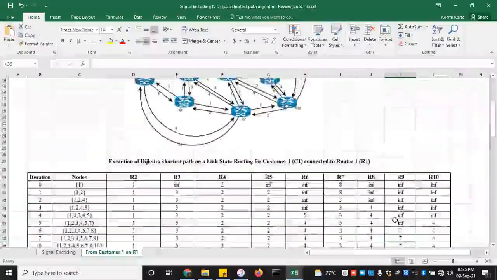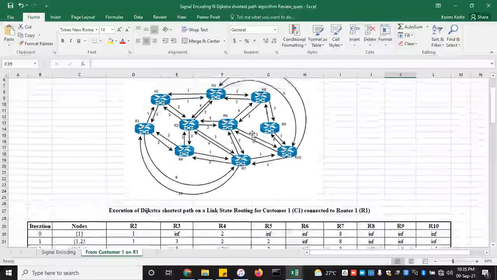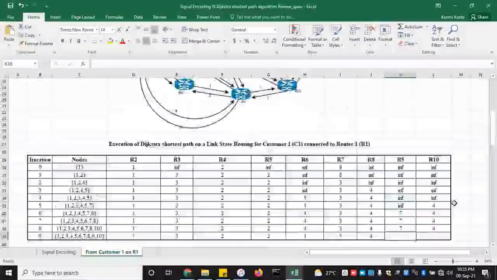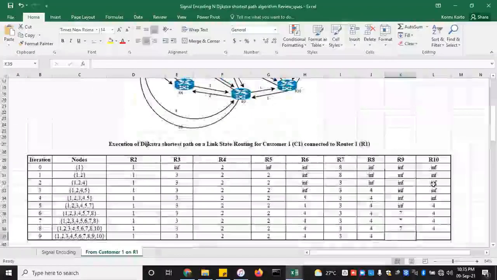For 9, it will still be this approach, right? Which was 7. So which is 1 plus 1, 2. 2 plus 2, 4. 4 plus 3, 7.